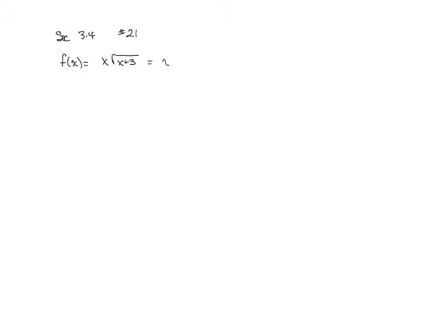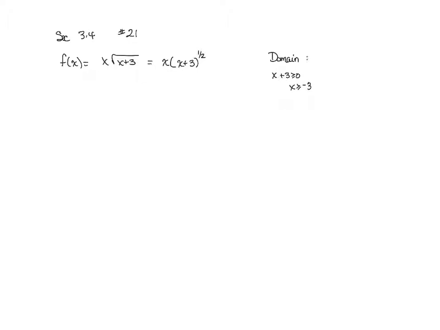So I start looking at this function to decide what I need to do to take the derivative. I'm going to rewrite it like this, but at the same time I'm going to think about the domain of this function. What's underneath the square root has to be greater than or equal to 0, so that tells me that x has to be greater than or equal to -3.